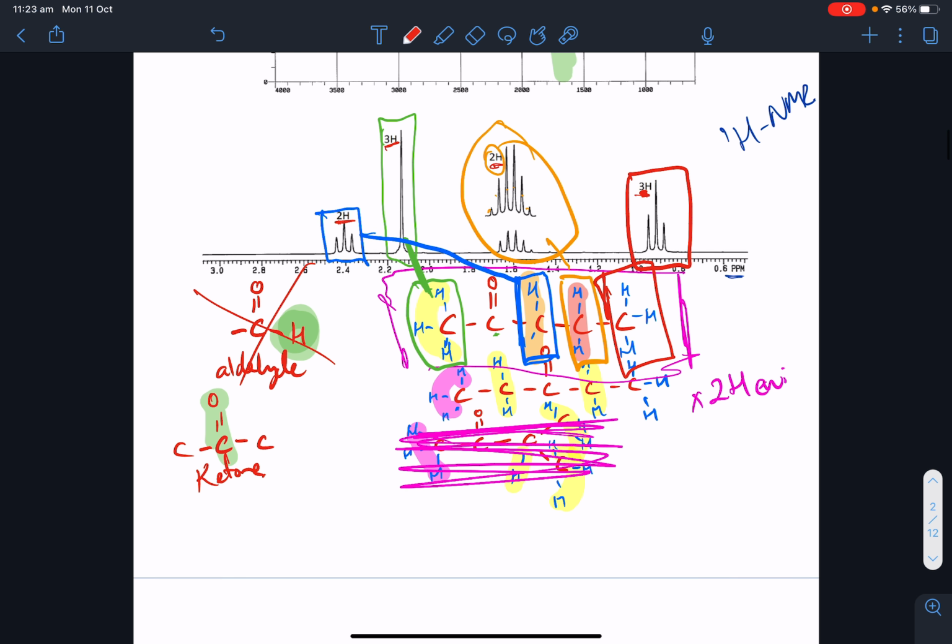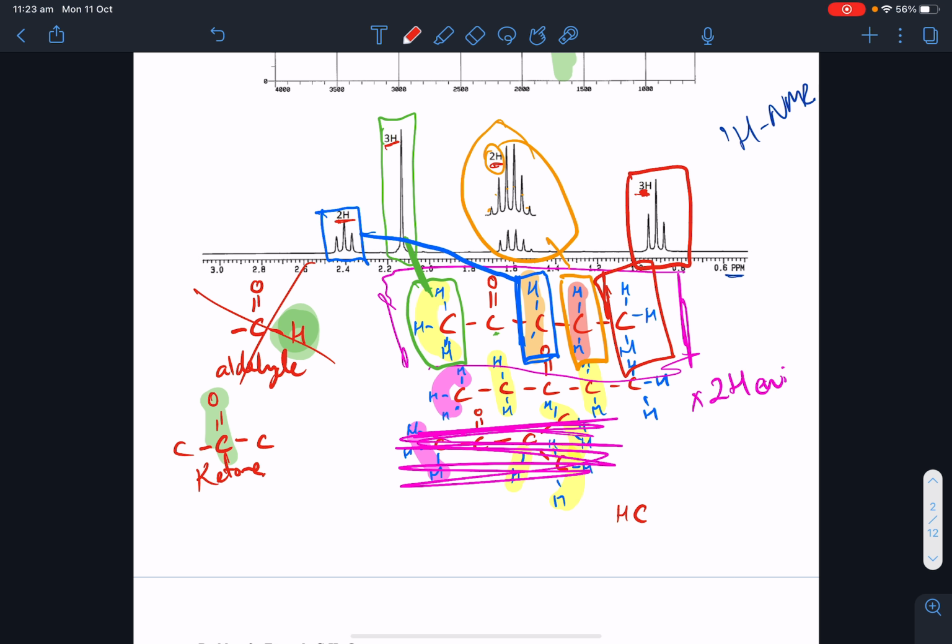Let's redraw the molecule again. We've got a CH3 on the end, and then a carbonyl on the second, and then a CH2, CH2, CH3. What's this one called? It is 1, 2, 3, 4, 5. Pent, not pant, P-E-N-T.